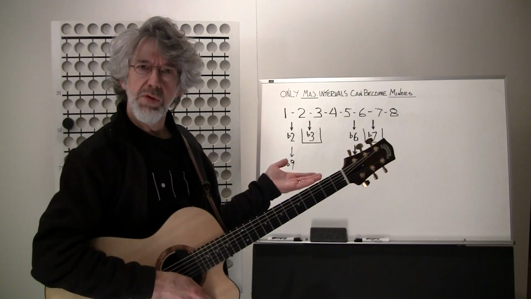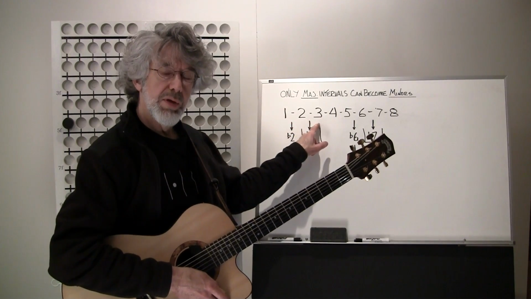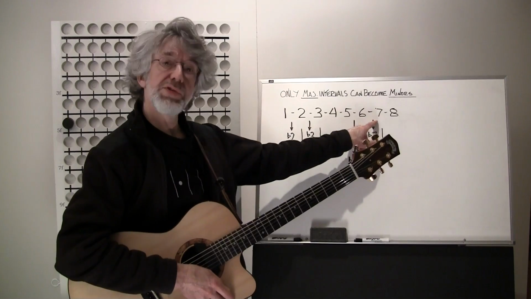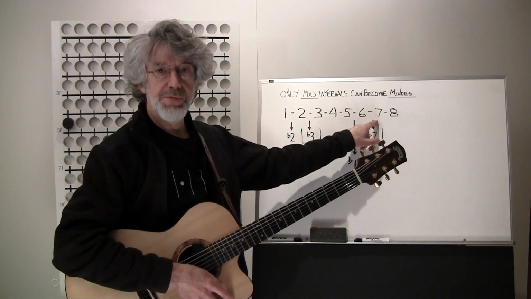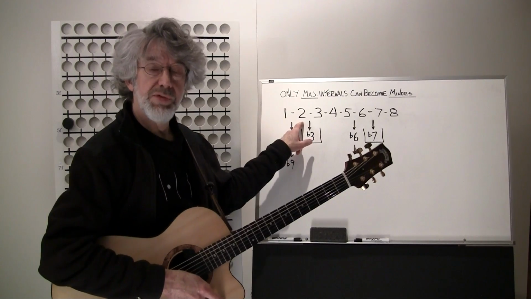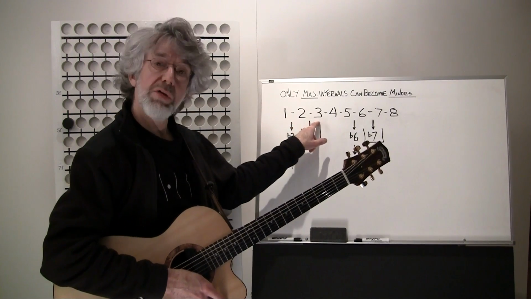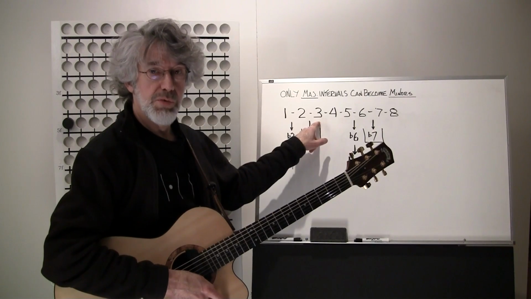Remember the major intervals? That would be the 2nd, the 3rd, the 6th, and the 7th. And let's not forget their compound versions as well. The compound version of a 2nd is the 9th, major 9th. The compound version of a major 3rd is a major 10th.